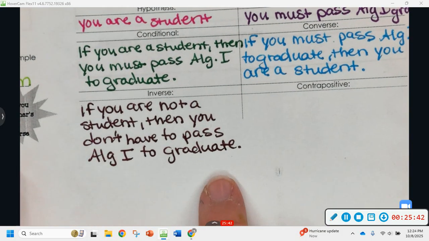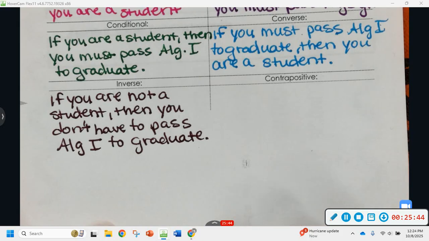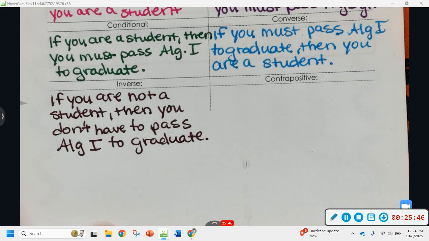So I altered the sentence a little bit, but not anything major.